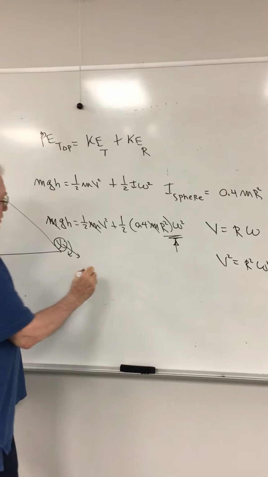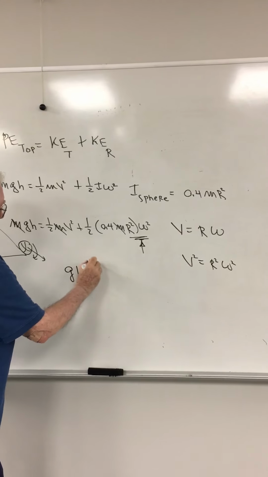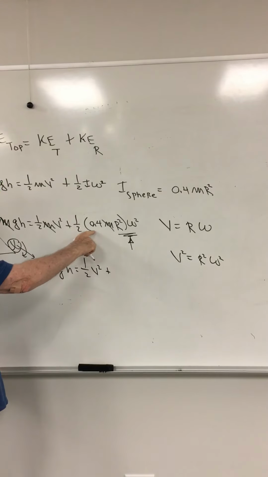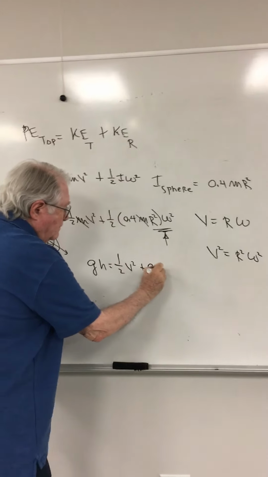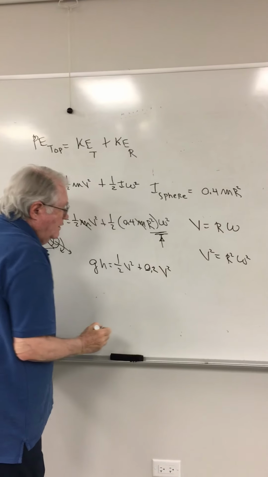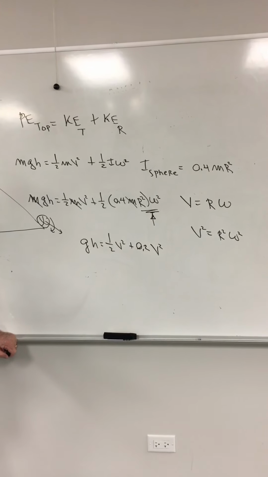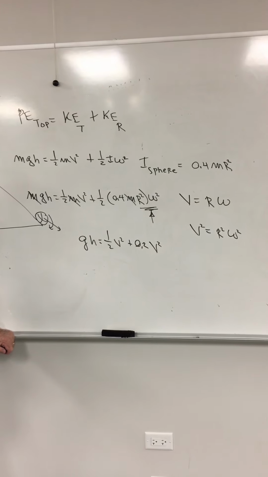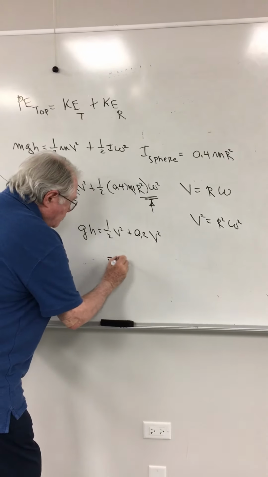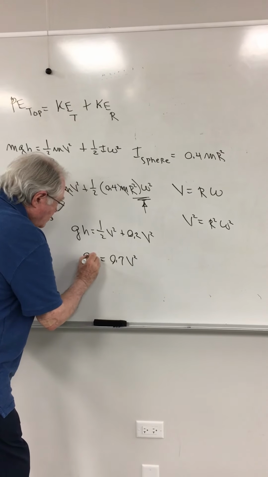So now I'm going to rewrite this again. gh is equal to 1/2 v squared plus 1/2 of 0.4, which is 0.2 v squared. Now going back to algebra, 1/2 is 0.5, 0.5 plus 0.2 is 0.7. So this becomes 0.7 v squared is equal to g times h.